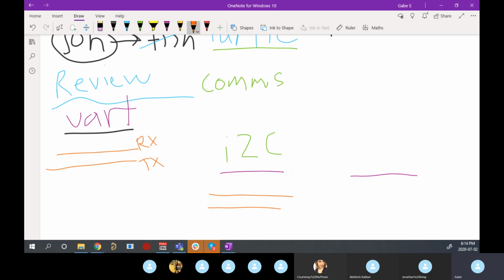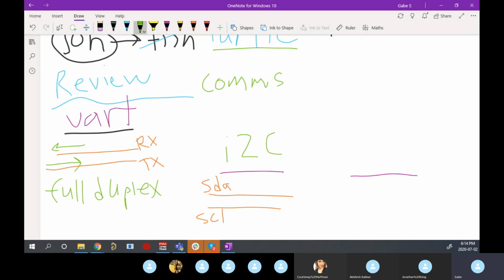On I squared C you had serial data and serial clock. UART was full duplex, remember? What that means is that you can receive and send data at the same time. So if receive is coming in this way, I can transmit on a different line.